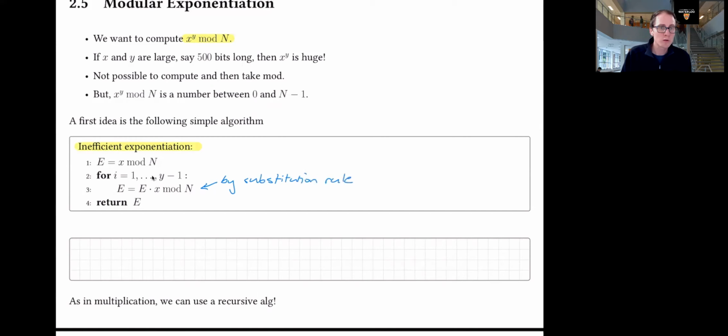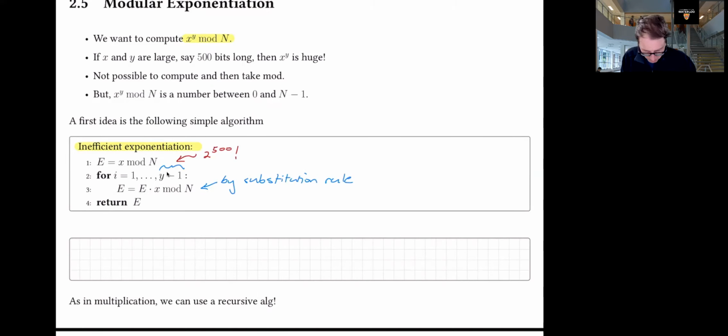However, this for loop goes all the way up to y minus 1. And this number here could be 2 to the power of 500, right? Because if y is a 500-bit number, then this is 2 to the power of 500.